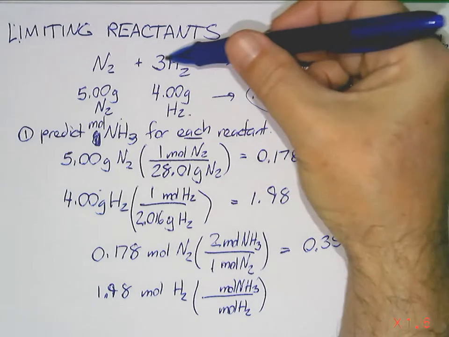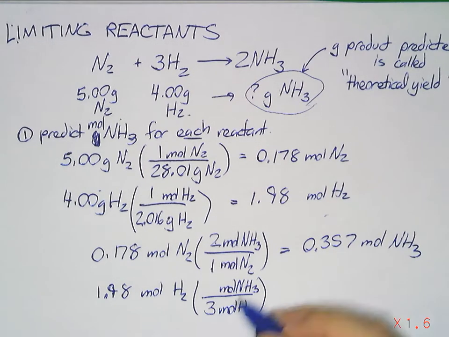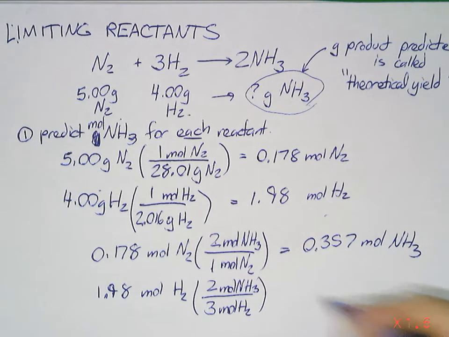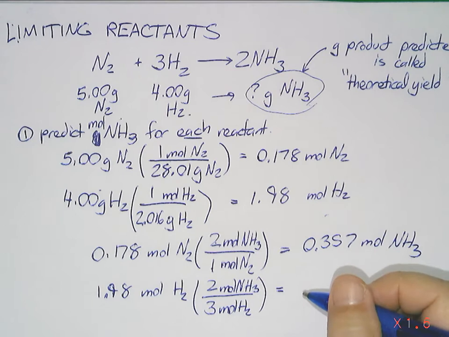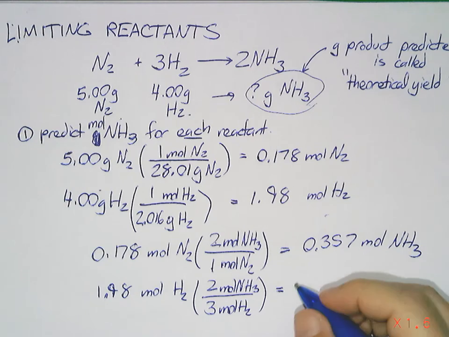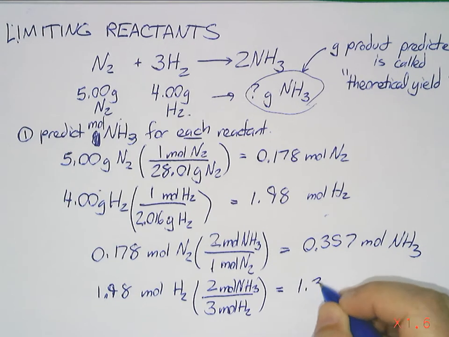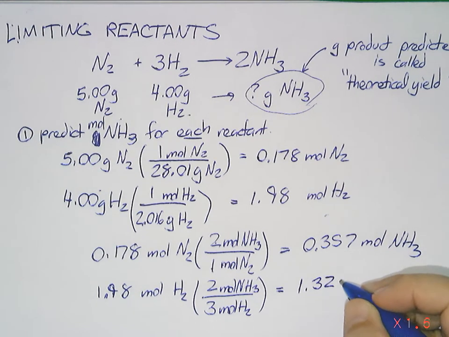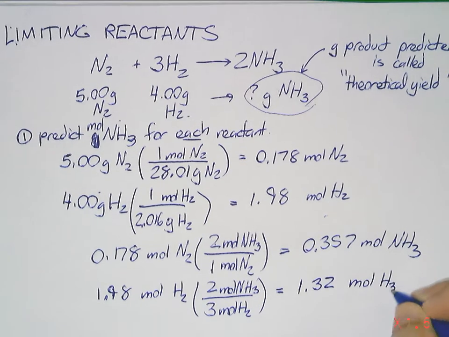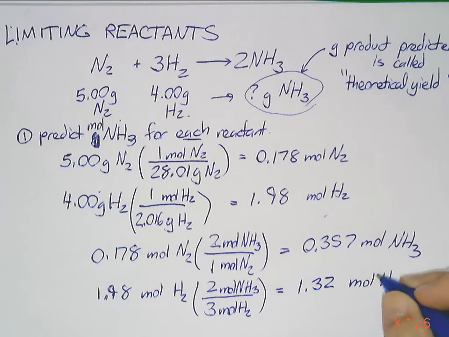Let's see, I've got a 3 sitting in front of the H2 and I've got a 2 sitting in front of the NH3. So that's going to be 2/3 of 1.98. That's like 1.32 something. Whoops. NH3.